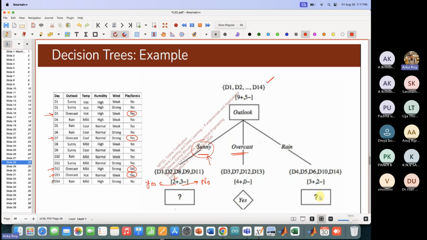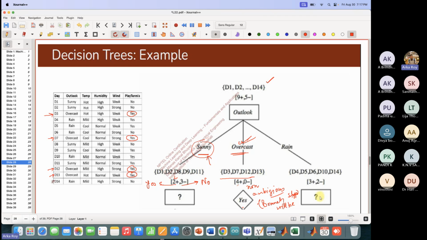So that means with overcast, you are able to classify all of them correctly. So this is non-ambiguous. So over here, you can stop the tree. This particular branch will be stopped because you are able to classify all of the data that belongs to overcast correctly.